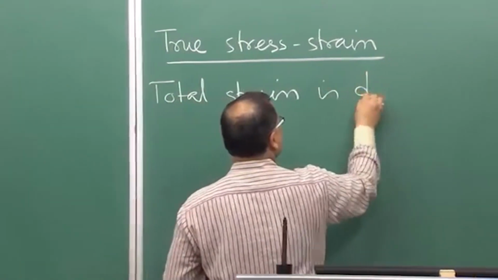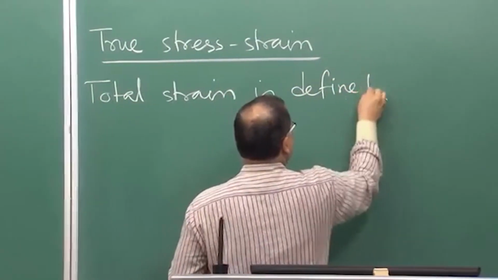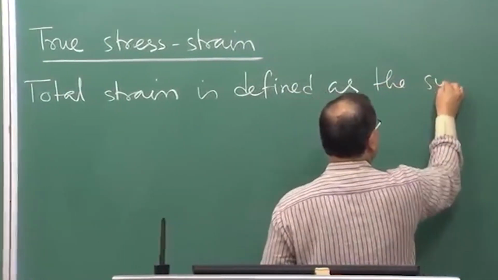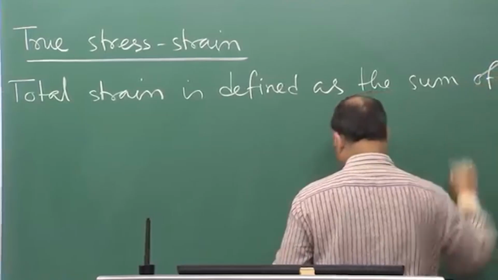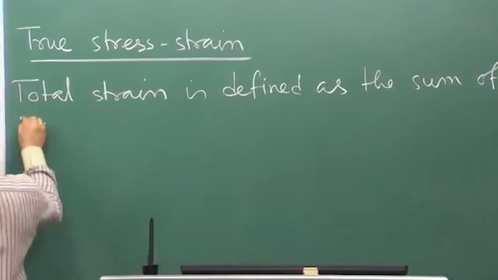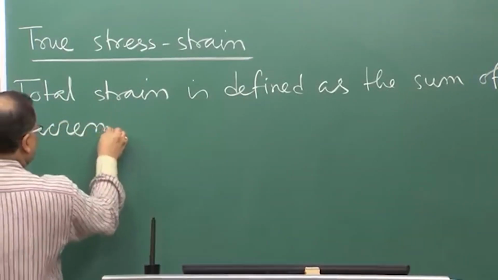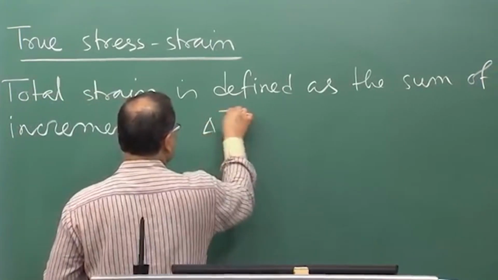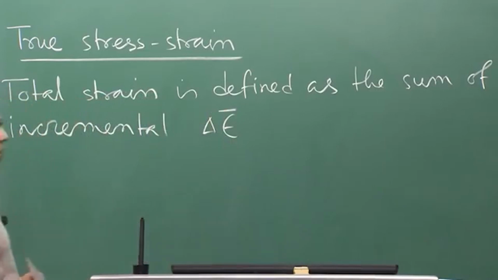is defined as the sum of incremental strain. Incremental strain, that is delta epsilon bar. Okay. So, we are defining the true strain as epsilon bar.